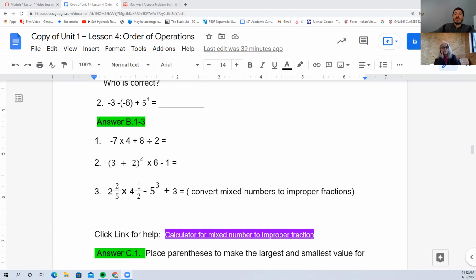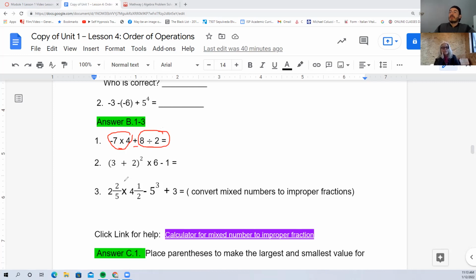We have 3 operators: multiplication, addition, and division. We know that multiplication and division are going to come first in our order of operations, and we're going to work them left to right. Once we do that math, then we'll add.